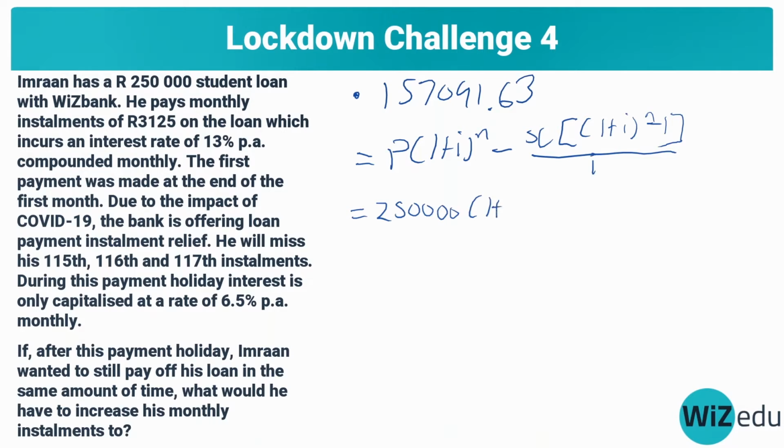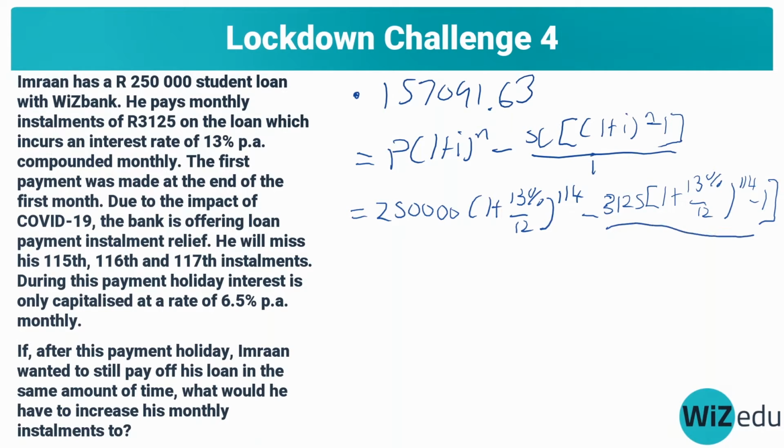So that's going to be 250,000 into 1 plus 13% over 12. And now we can use 114 because we're using the future value formula, and we're finding out how much interest the loan accrues after 114 months. That's going to be minus 3125 into 1 plus 13% over 12 to the power 114 minus 1, all over 13% over 12.